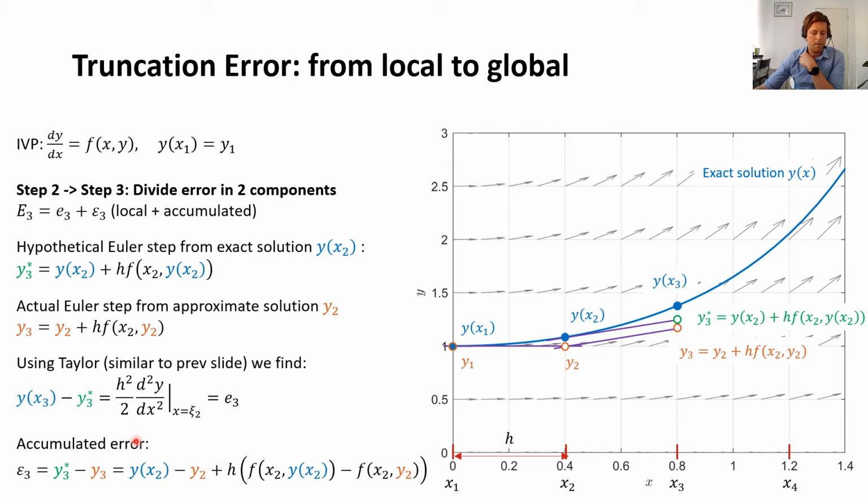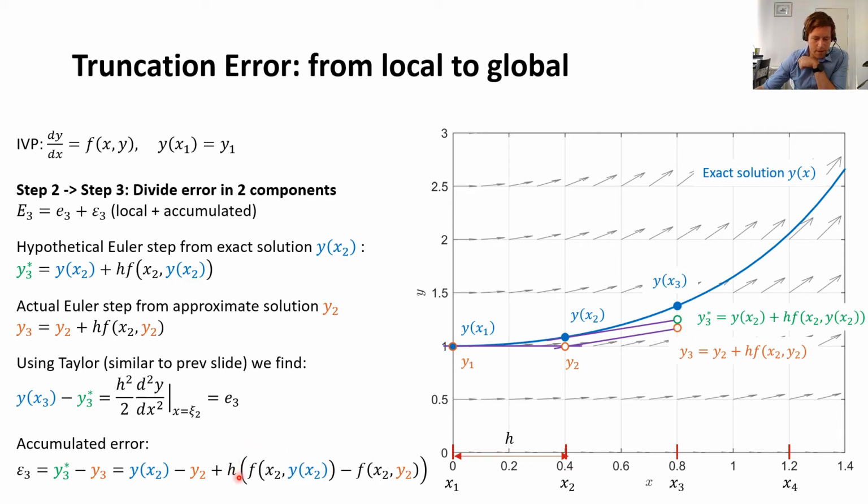So one part of this accumulated error, this y, the blue, so the exact solution evaluated at x2 minus y subscript 2. So this is only because of the fact that we didn't start from the exact y location over here, and this will obviously affect also the difference in the solution at step 3.